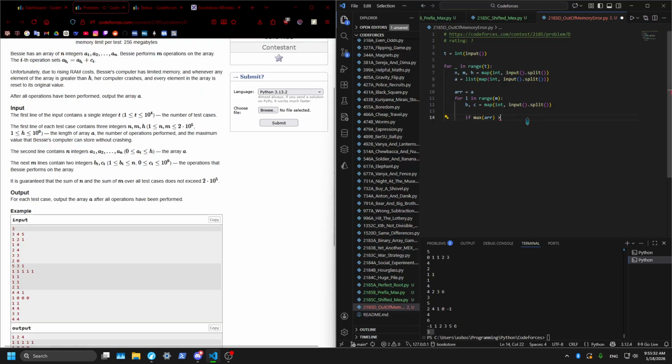Greater than H. So it's greater than H. Then R equals A.